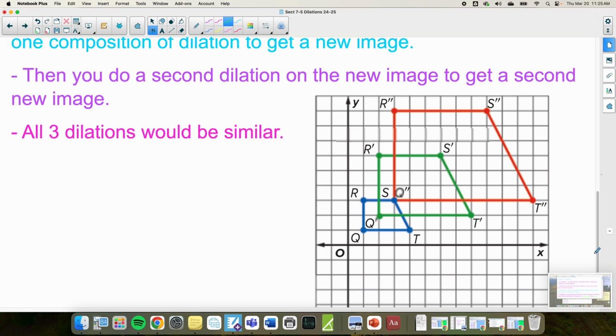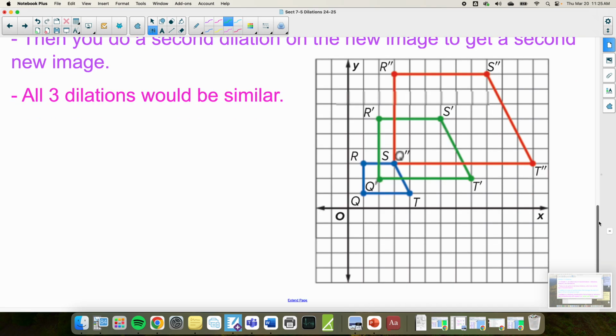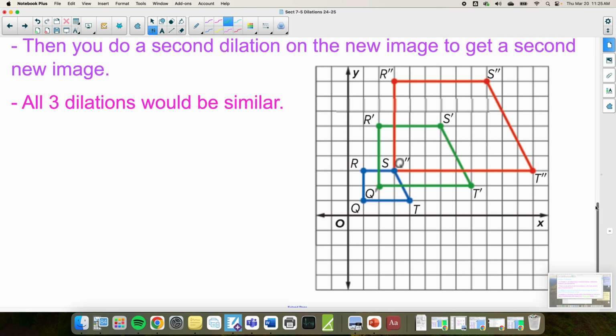Or you could do that in the opposite order too. One thing I want you to realize, when you do R, the first time you do a dilation, it's R prime. The second time you do it, it's R double prime. You could keep dilating something over and over again, but the most we do is 3. Okay?